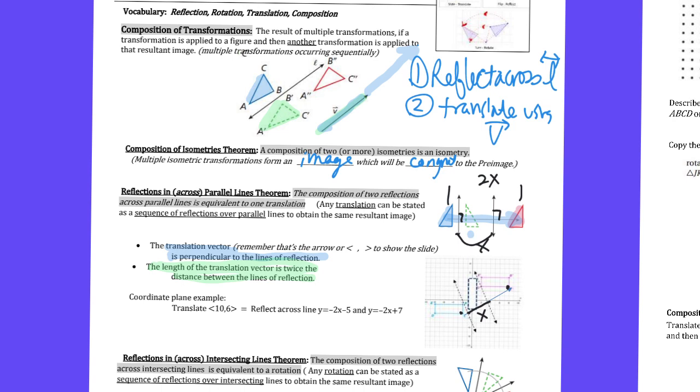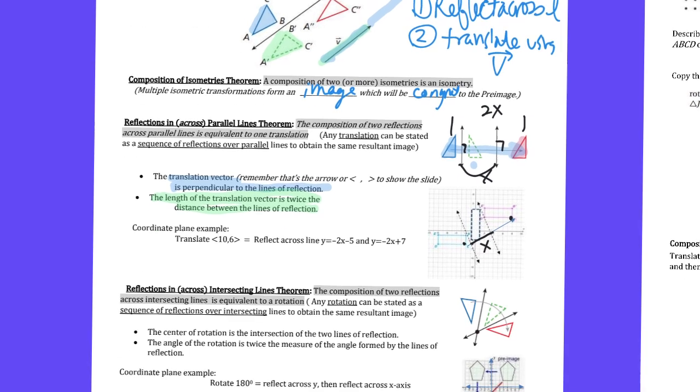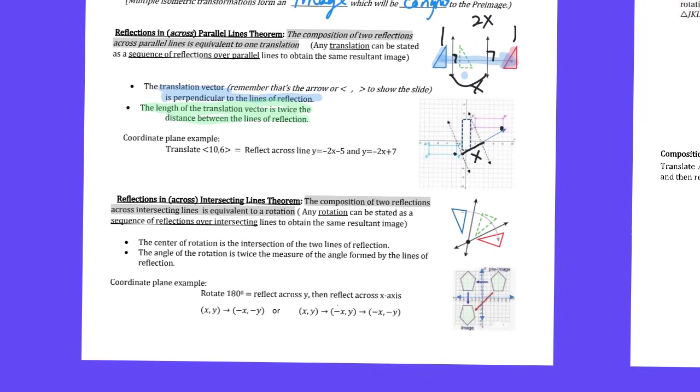And then looking at another composition that's kind of special is this. If you want to talk about a rotation, any rotation that you do, you can actually have accomplished it by reflecting across intersecting lines. It's weird, but the point of rotation right here, those 2 lines of reflection are going to go through that point.